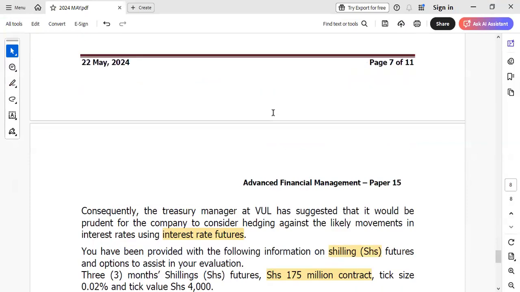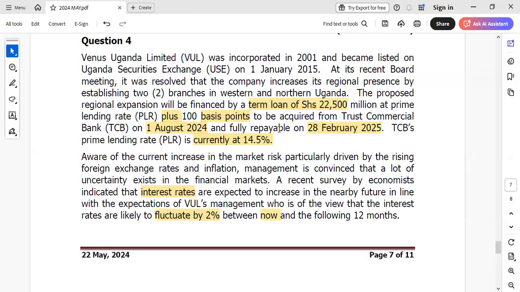You are borrowing on 1st August 2024. So because of the transaction date, what will be your opening? Which contract are you going to use?